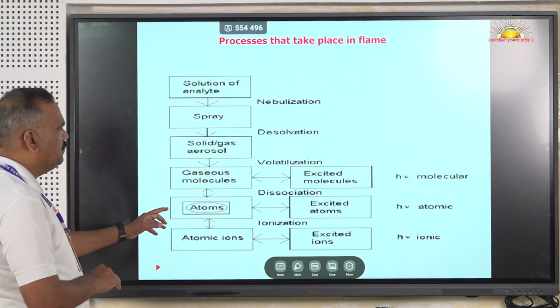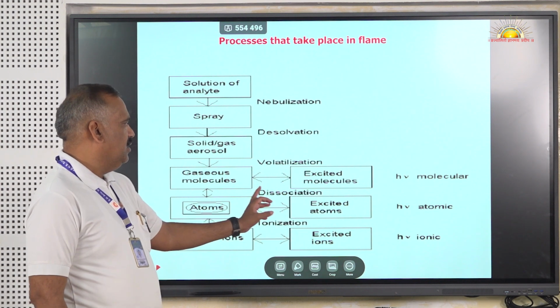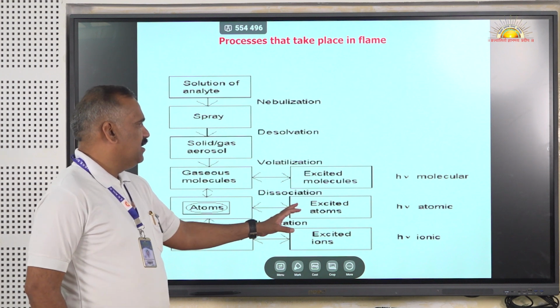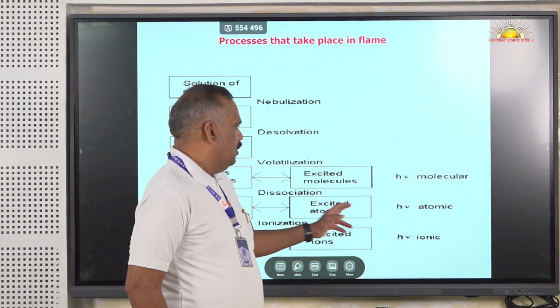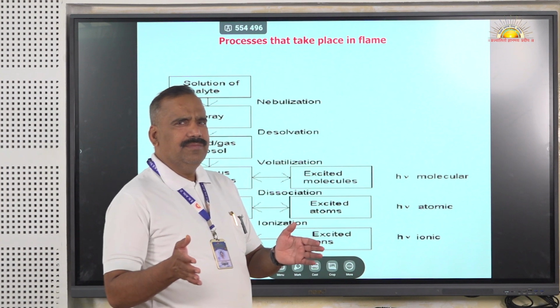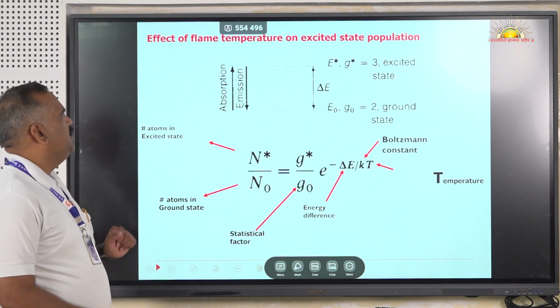These atoms go into an excited state by ionization and volatilization. Then these excited atoms are converted into atomic form, and the intensity of the atoms is useful for our determination.